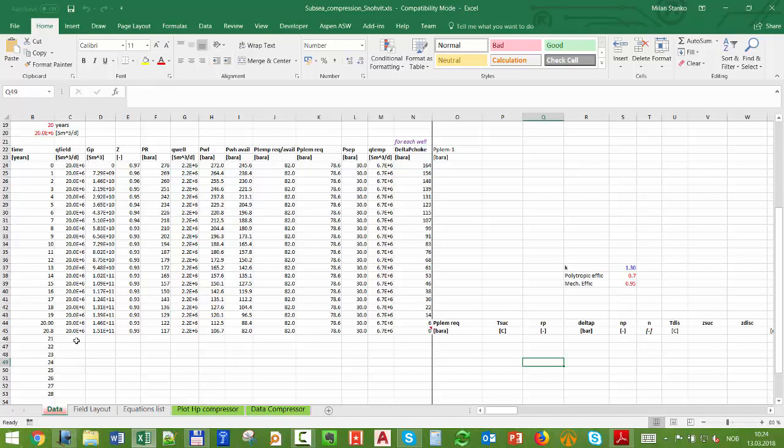Now the step won't be on a year basis, but I say the plateau happens at any moment between 20 and 21. To find exactly that number, I use the solver in that case to change that time until this one is 0. Okay.